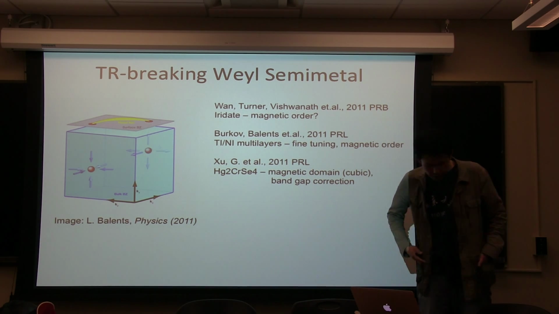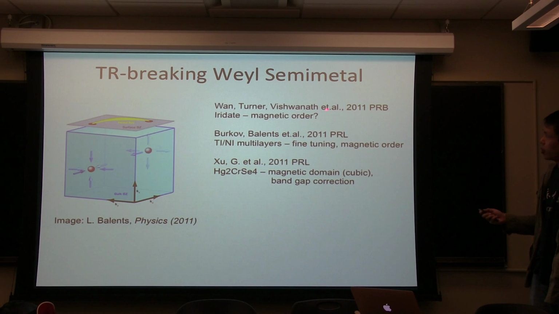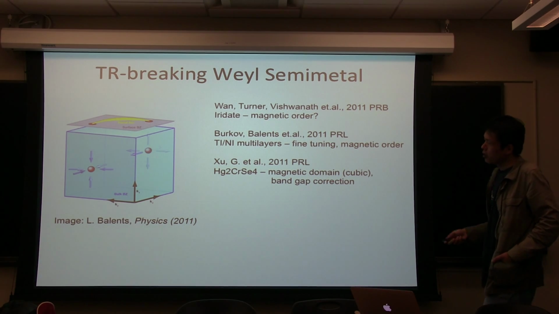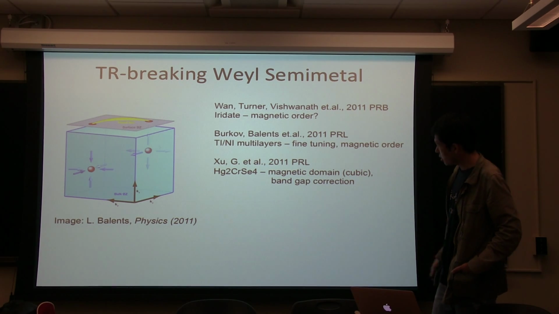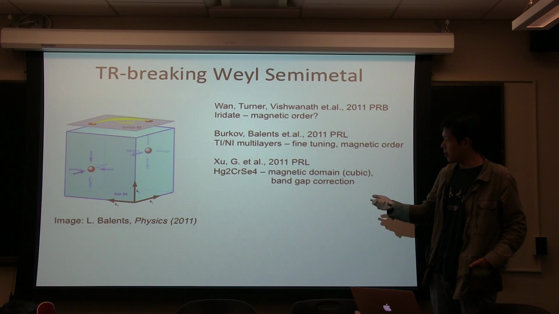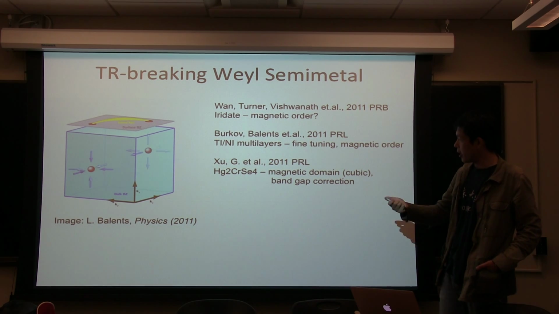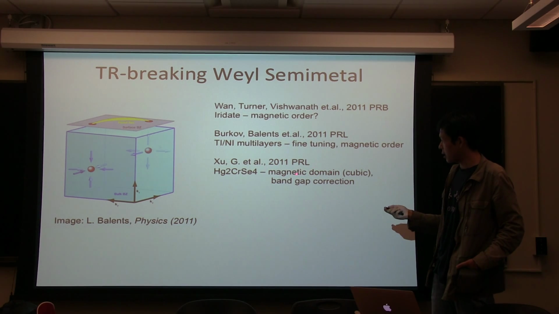So later on, we realized why T-breaking Weyl semimetals are so hard. For example, this mercury compound is a cubic compound. That really means that in the magnetic phase, the a, b and c directions are equivalent. So you would form many magnetic domains.